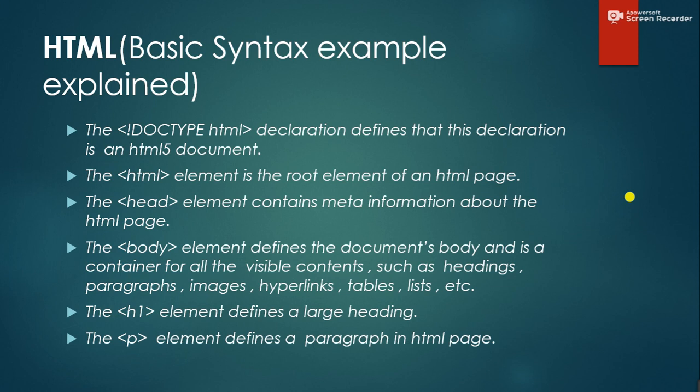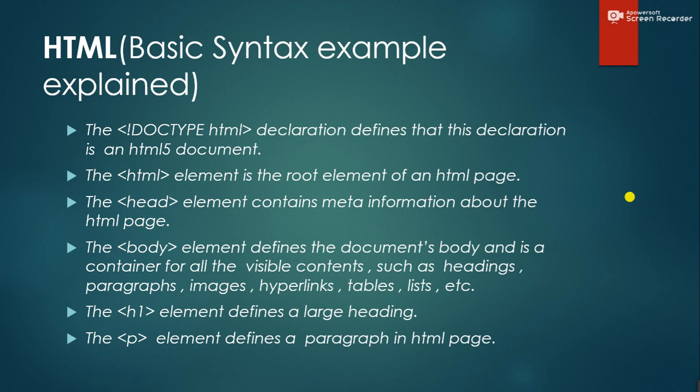After that we have the body tag. The body element defines the document's body and is a container for all the visible contents such as headings, paragraphs, images, hyperlinks, tables, lists, etc. So we can say that the body tag is the main tag of HTML for displaying content on our browser page.